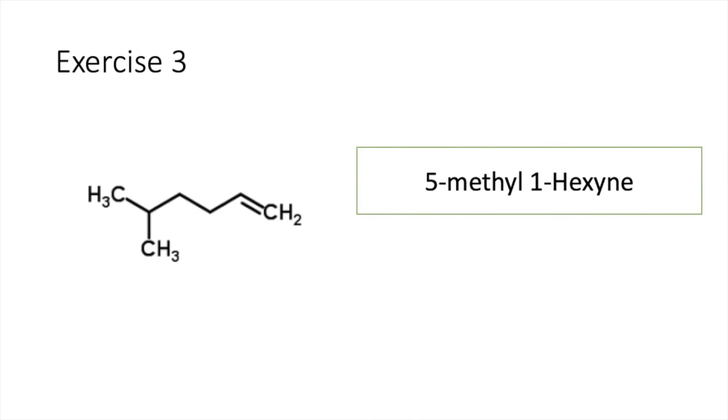Exercise 3. What is the name of this structure? 5-methyl-1-hexane. This part should be a triple bond and it only has CH.